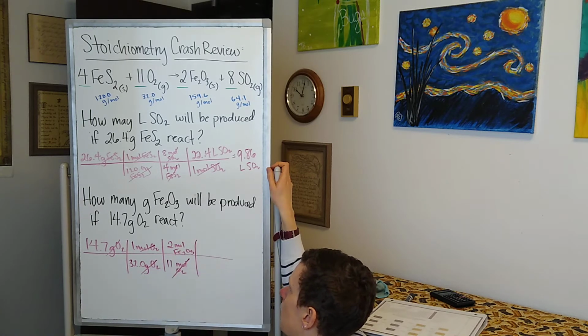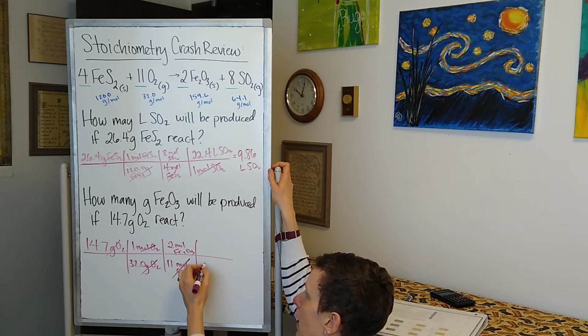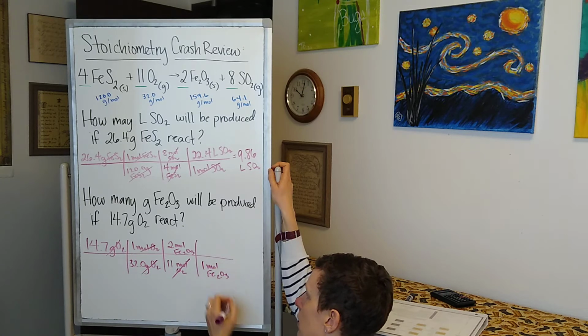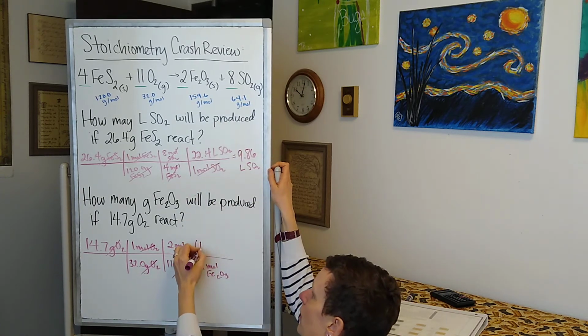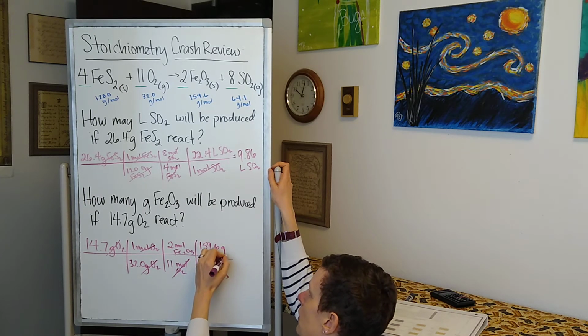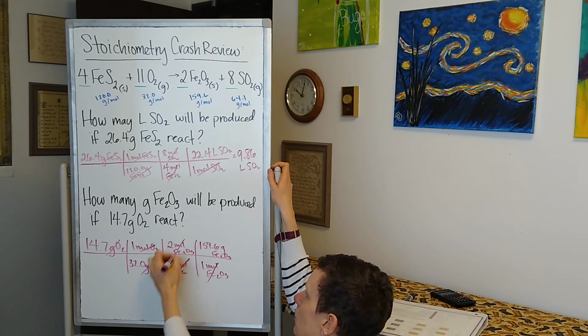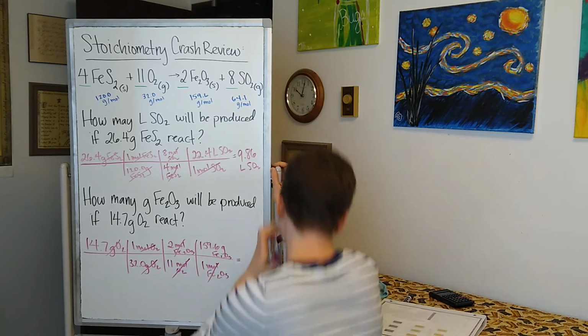Okay. And then my last step, to get to grams of Fe2O3, I need its molar mass. So 1 mole of Fe2O3, moles cancel, is 159.6 grams of Fe2O3. Okay, again, I added up 2 irons and 3 oxygens to get that number.